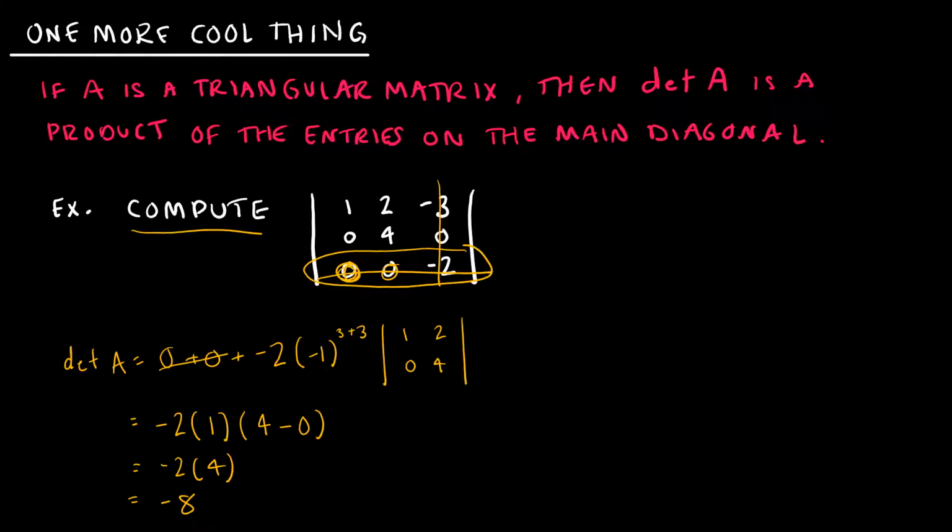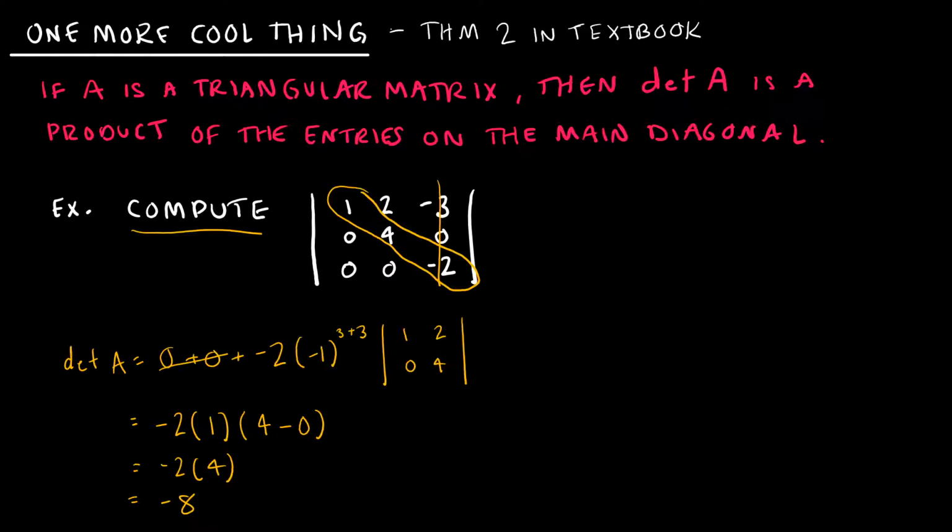What this theorem, which is theorem 2 in your textbook, says is if you have a triangular matrix, which we know, I'm not talking about reduced row echelon form, but I am talking about anything essentially below that diagonal has to be zeros, and I of course do have a triangular matrix here.